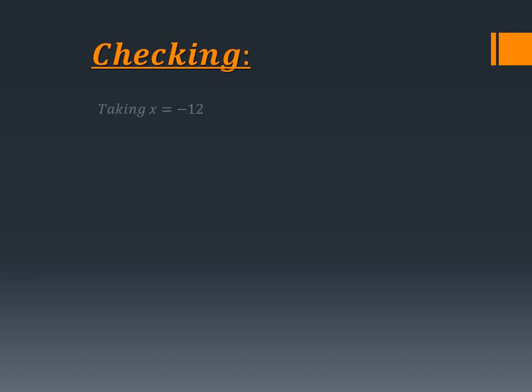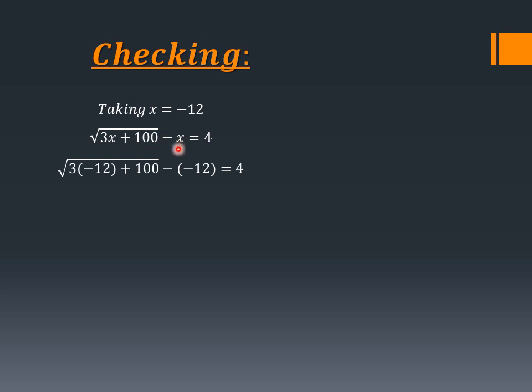In the checking step, we will take first x is equals to minus 12. We will take the equation which was under root 3x plus 100 minus x equals to 4. Replacing all the x with minus 12, we will get under root 3 into minus 12 plus 100 minus into minus 12 equal to 4. 3 into minus 12 is minus 36 and adding it to 100 is 64.